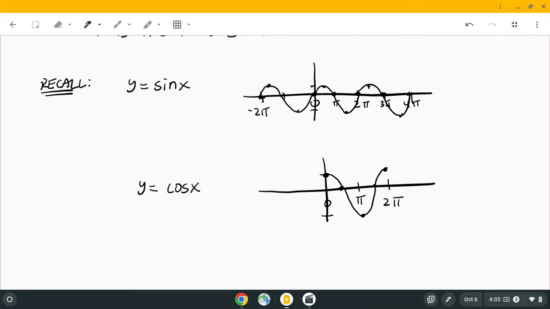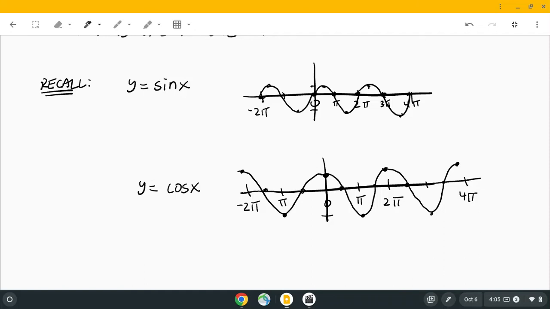And if I continue for another cycle, I go all the way to 4 pi, then I get this graph here. But just looking at one cycle of cosine, we can already see it's not a one-to-one function as well. And if I go this way, -2 pi.